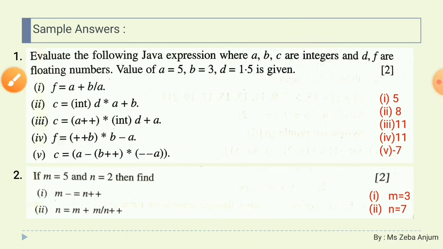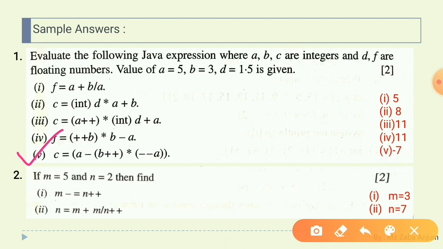Now see the last one, c equals a minus b plus plus into minus minus a. The value of a was 5, so firstly we write down 5 over here. Minus b plus plus, post increment operator. Firstly we write down the value, then we increase the value. So firstly we write out 3, that is the value of b, then we increase the value.